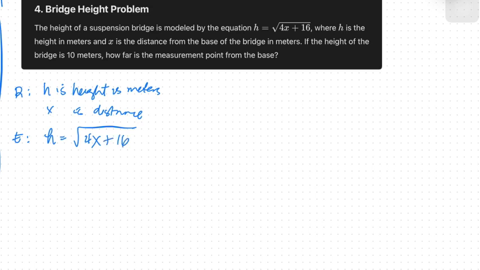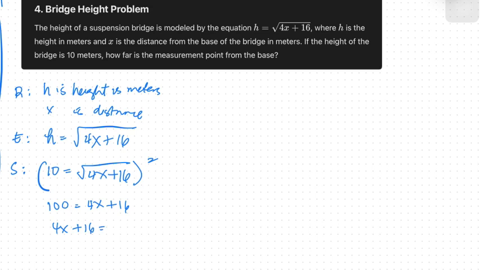However, we have a value of h. So, yan yung ilalagay nyo ngayon dito. Pag sinusolve nyo na siya, the height is 10. So, 10 equals the square root of 4x plus 16. So, again, we get rid of your radical symbol. This becomes 100, and this just becomes 4x plus 16. Manipulating this equation, pagpapalitin ko muna sila para mas nagigets nyo, yung x nandito sa left, everything else is on the right.